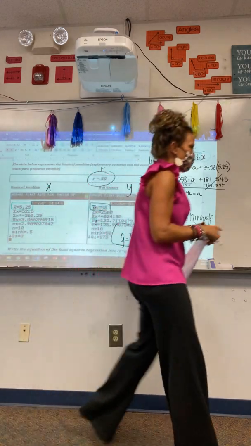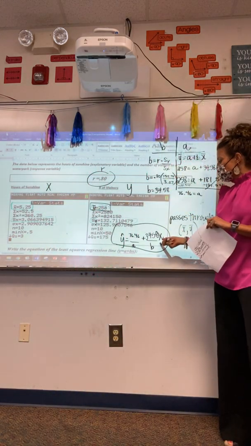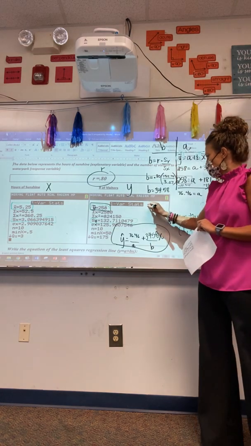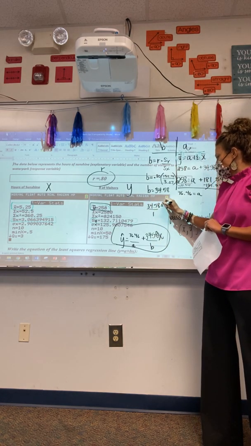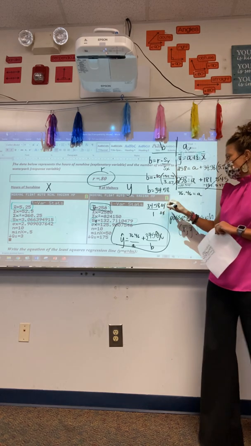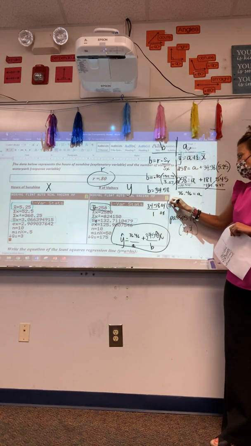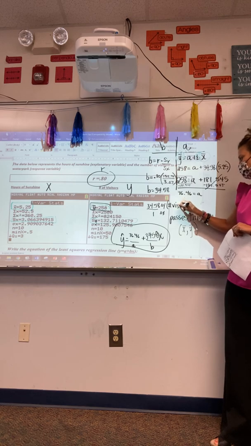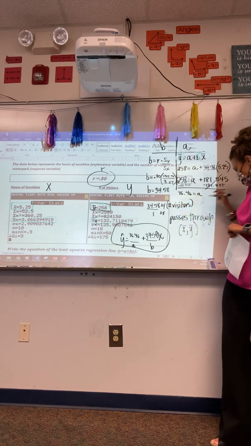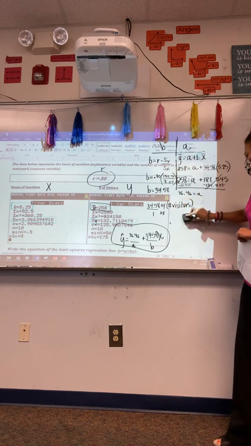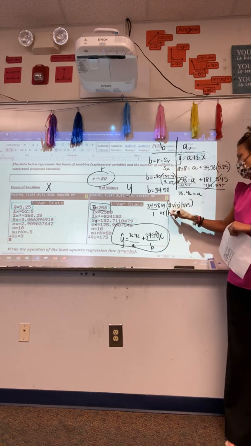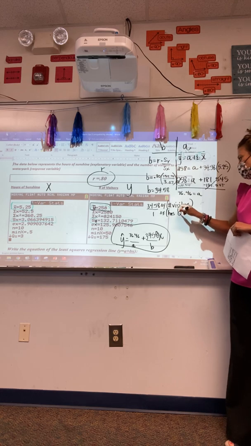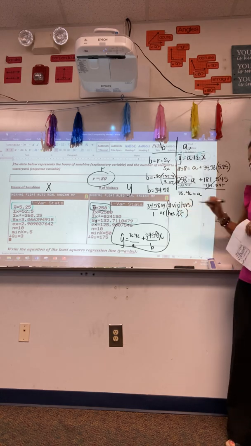All right, over here, this is my slope. Now remember, your slope is the change in y over the change in x. My y value is number of visitors. My x value in this case is hours of sunshine.